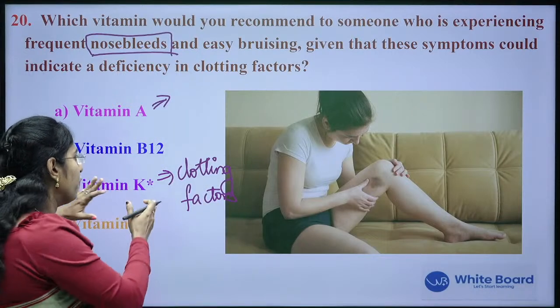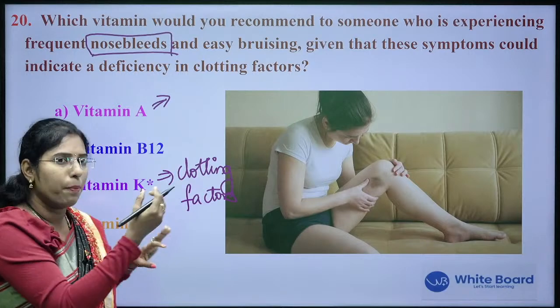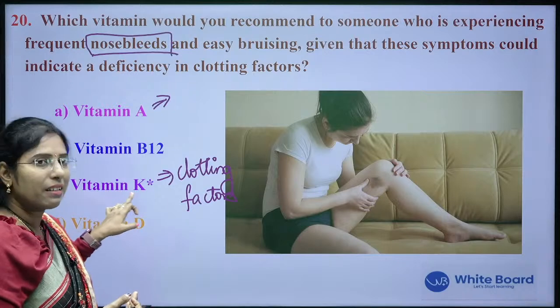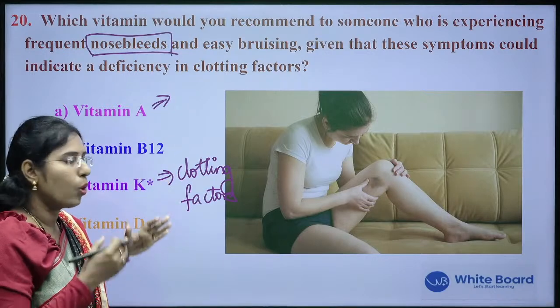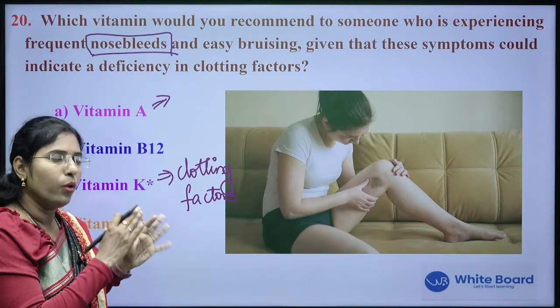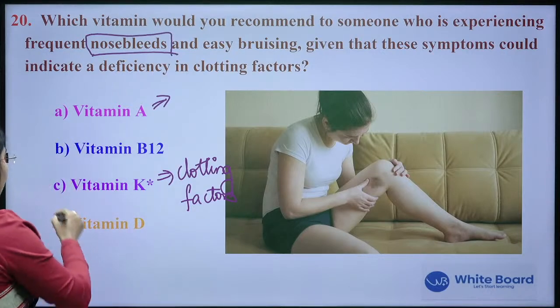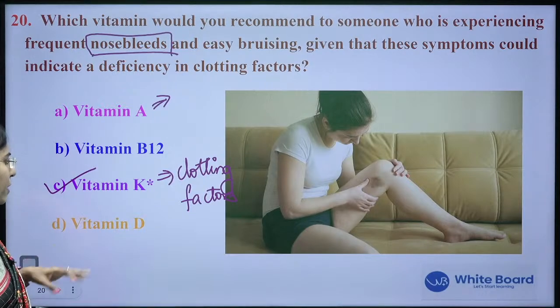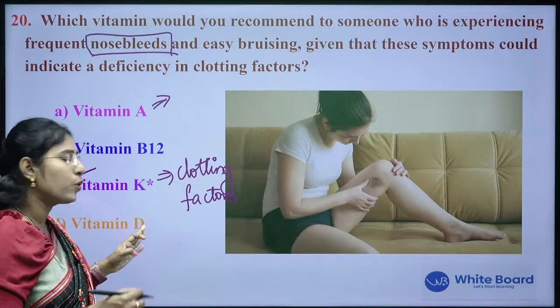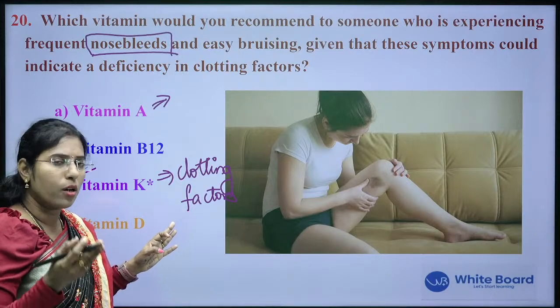So, if there is a deficiency of vitamin K, there is a chance of nose bleeding. In that condition, we will recommend vitamin K so that the clotting factors will be produced in the liver and therefore the nosebleed will stop. So, option C is the correct answer. And vitamin D is calciferol, which is used for formation of strong teeth and bones.